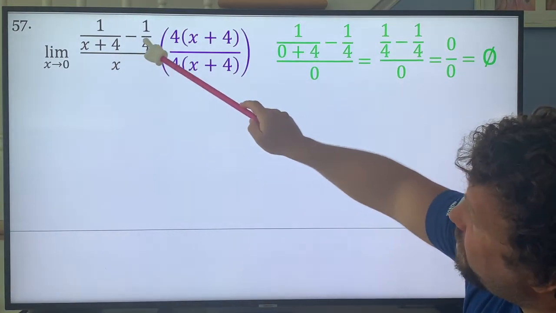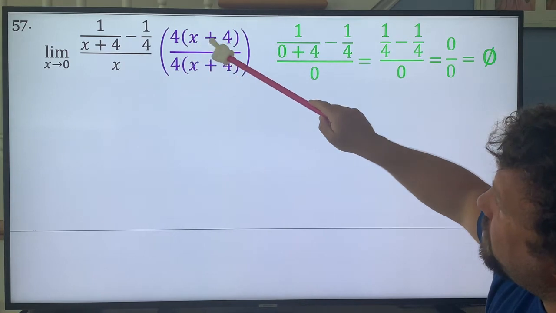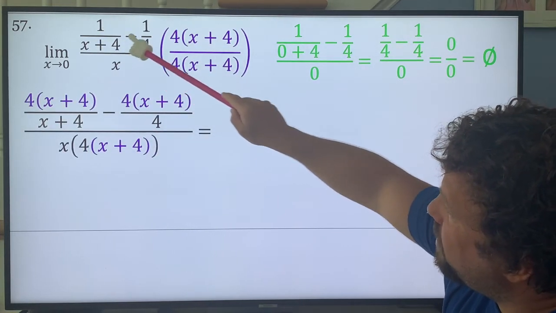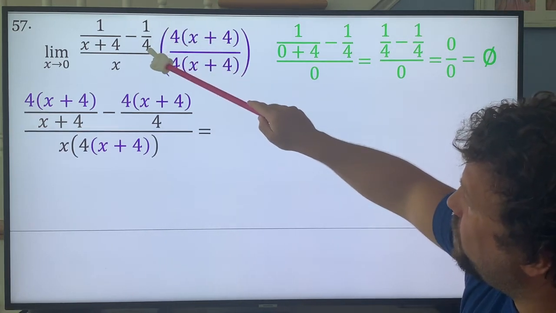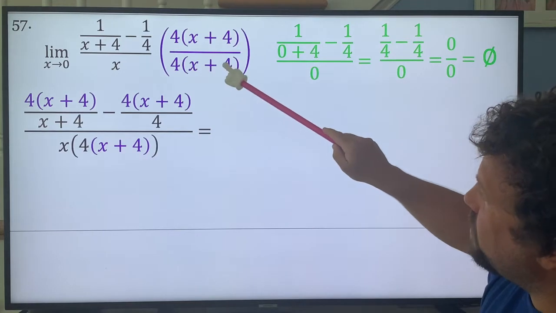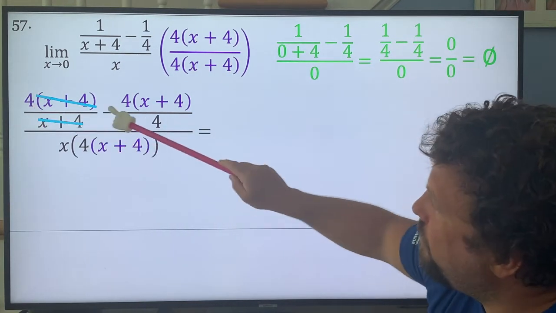Because that way we can add these two things together if we don't have fractions. Now watch. 4 times x plus 4 over x plus 4 minus 4 times x plus 4 over 4. We just distributed. 4 times x plus 4. Now watch what happens. These cancel out, leaving me with just a 4 minus.